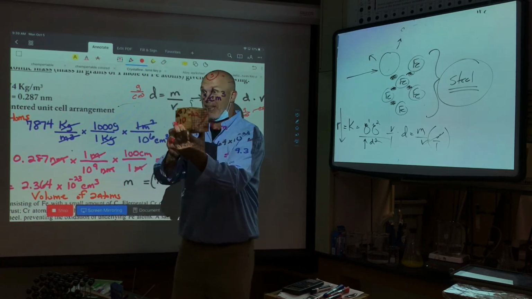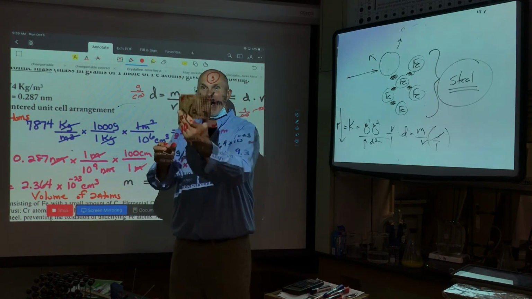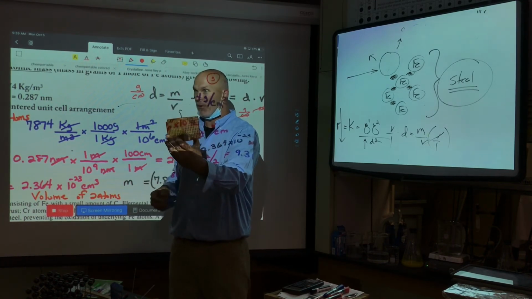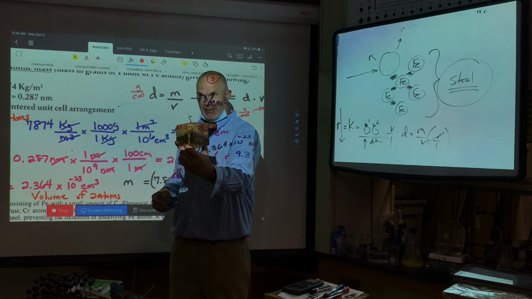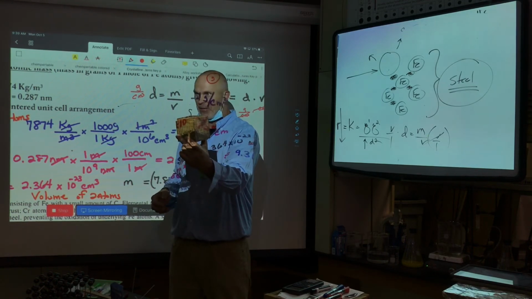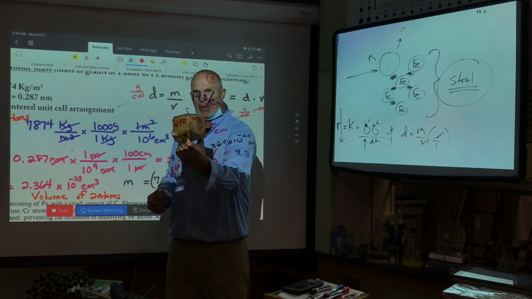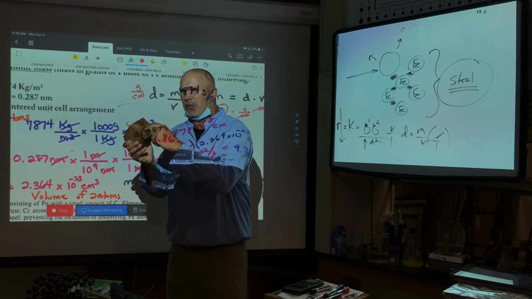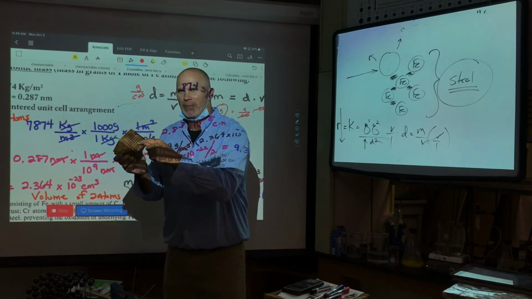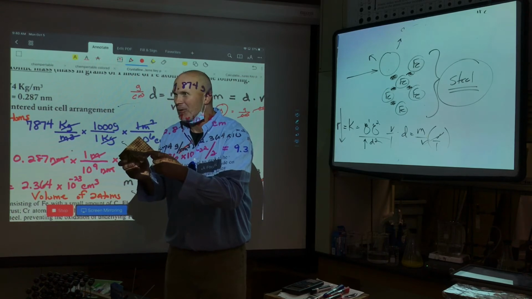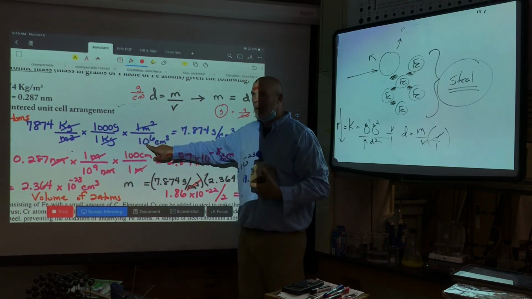If I was to stack 1,000 of these, 10 wide, 10 high, 10 long, that'd be a meter cubed, correct? Right? 1,000 of these. That's crazy, right? It's pretty big. Okay, wait a minute. So we have 1,000 of these, but how many centimeter cubes are in here? 1,000. So 1,000 times 1,000 is 1,000,000.